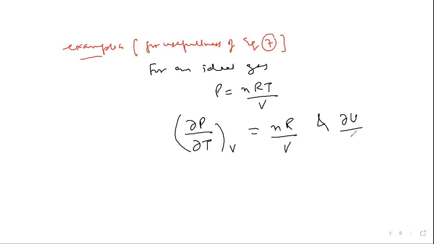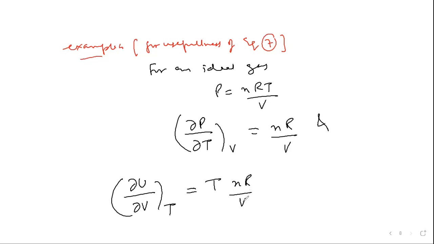∂U/∂V at constant T is therefore, let me write downstairs, ∂U/∂V at constant T is T nR by V minus P. So nRT by V is P. So it is just P minus P, which is 0.